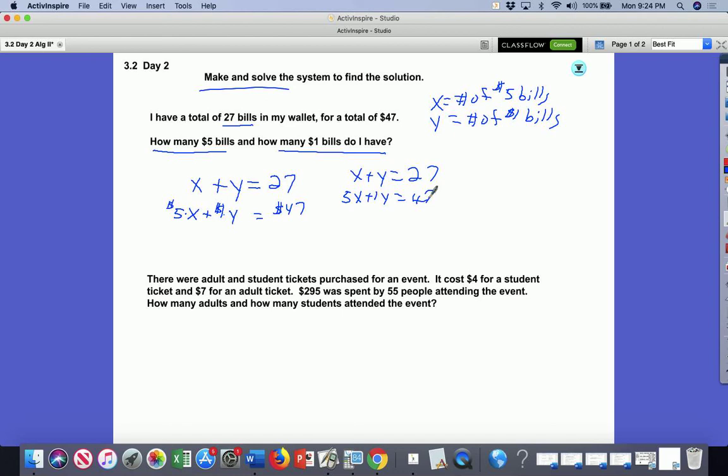So I like doing substitution or elimination. So I'm going to multiply this by -1. And so then I get the y's to cancel off. So I have 4x equal to 20. X equals 5. The number of $5 bills is 5.